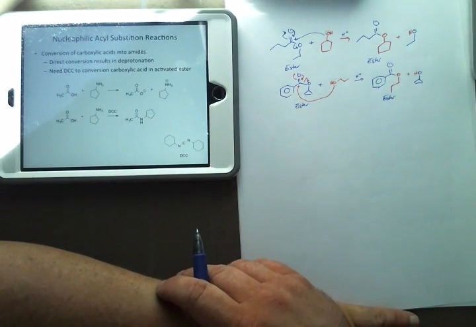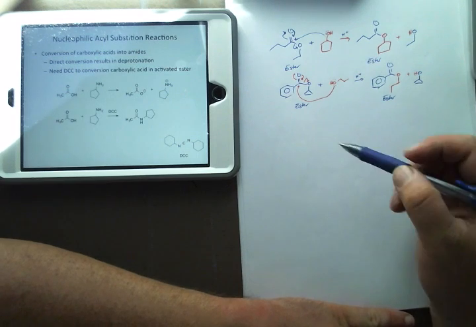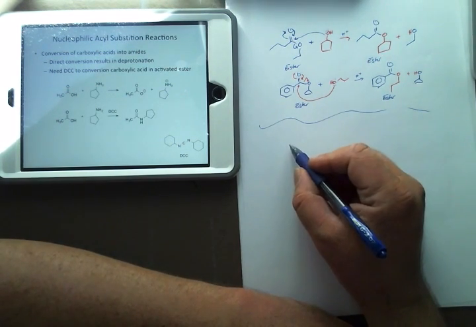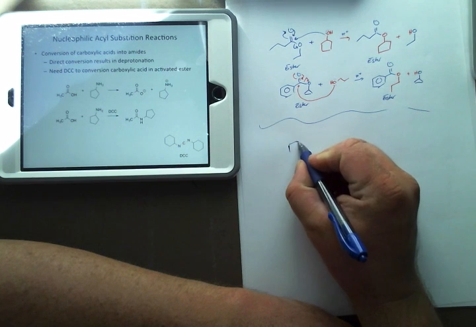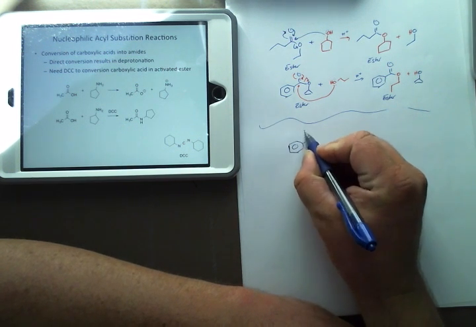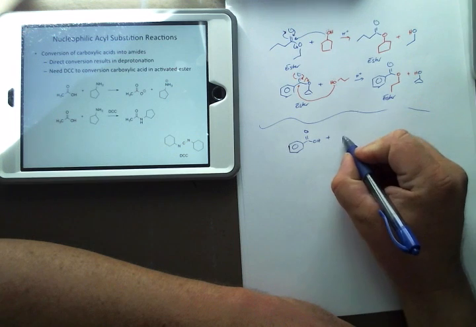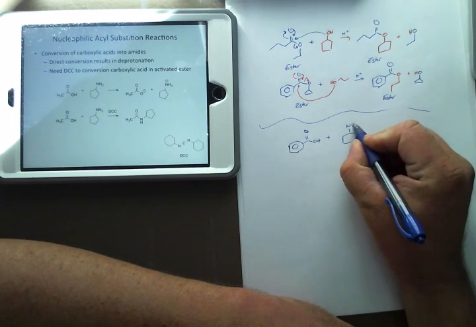Okay, now, one of the quirky things is if you have a carboxylic acid, and let's say a base, an amine.